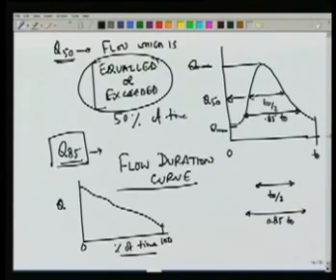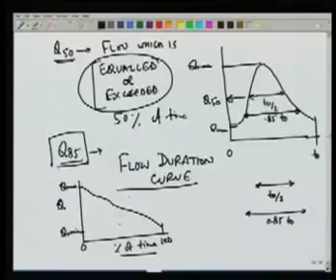So there is some minimum flow, Q min, which will be equaled or exceeded 100% of the time. There will be some maximum flow which will not be exceeded, so it will have 0% of the time equaled or exceeded. And then from this curve we can answer all the questions like what is Q50, what is Q85, and so on.